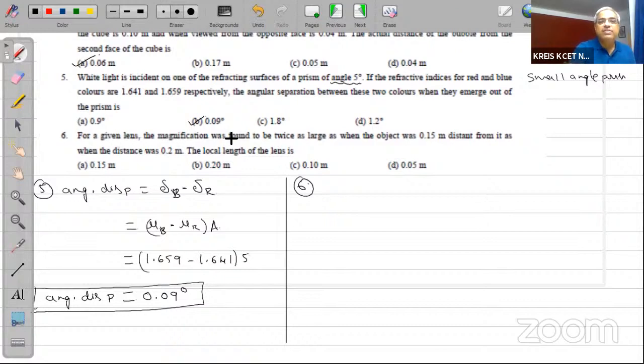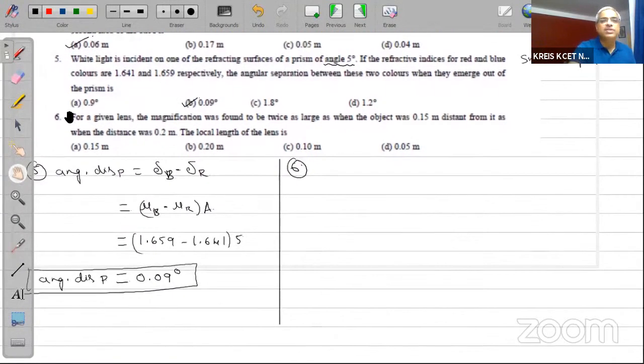For a given lens, the magnification was found to be twice as large when the object was 0.15 meter distance from it as when the distance was 0.2 meter. Okay, the focal length of the lens is given to be. ತುಂಬಾ ಚೆನ್ನಾಗಿರುವಂತ ಪ್ರಶ್ನೆ, ಬಟ್ ಬಹಳ ಕೇರ್ಫುಲ್ ಆಗಿ ಅರ್ಥ ಮಾಡ್ಕೋಬೇಕಿದ್ ನಾವು. ಅಂದ್ರೆ magnification M1 ಅಂತ ಇಟ್ಕೊಳ್ಳೋಣ, magnification M2 ಅಂತ ಇಟ್ಕೊಳ್ಳೋಣ.